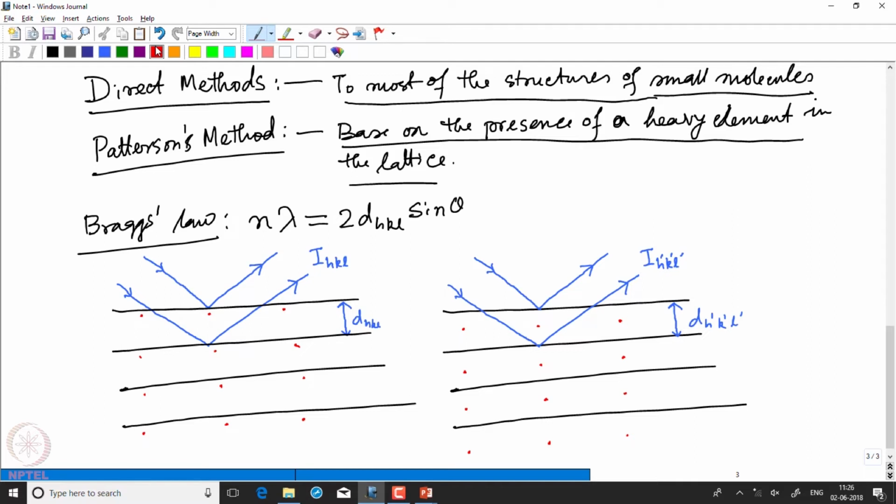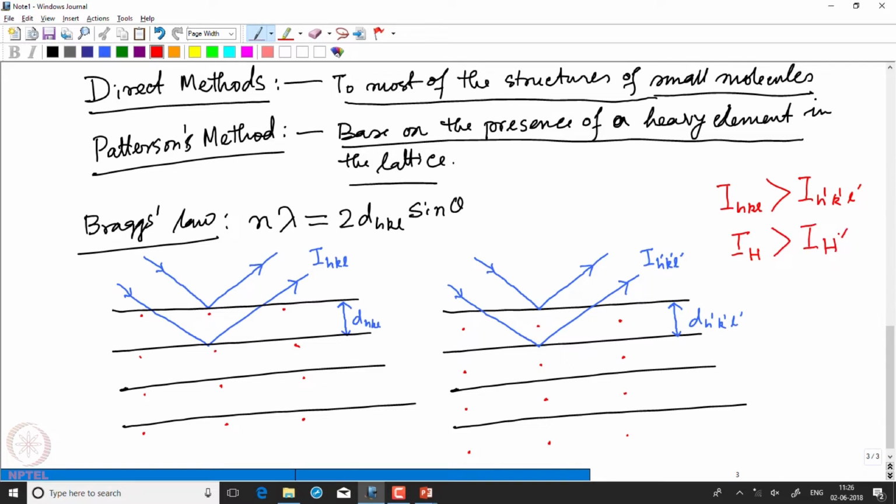What we would see is that the intensity IHKL would be greater than I H prime K prime L prime, because the scattering centers are far away from the plane of this particular diffraction. So this IHKL can be represented simply as IH, and the other one as IH prime.